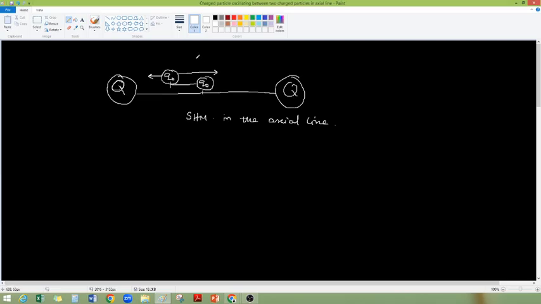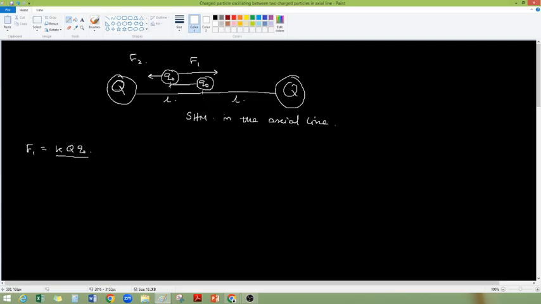So I am going to call this F1, this F2. F1 is going to be equal to, let's take this as L, simply apply the formula. So K Q naught by the distance square.